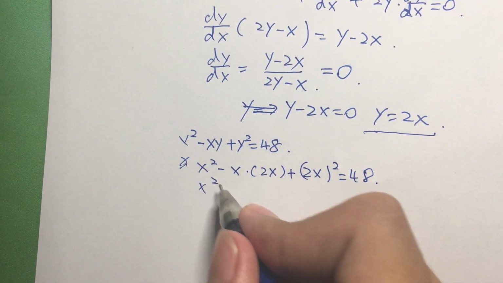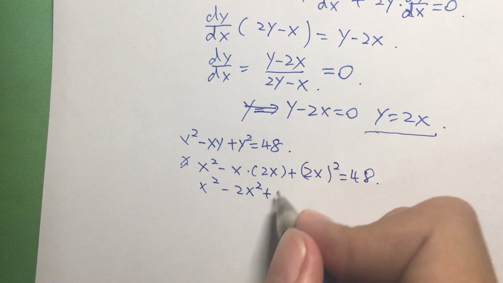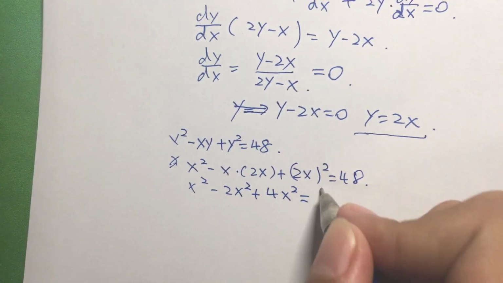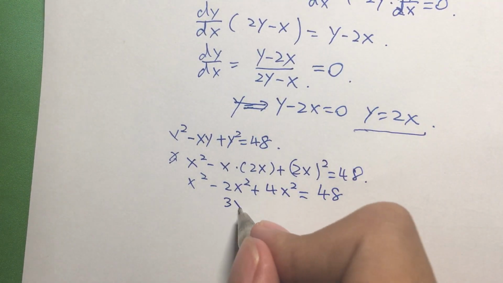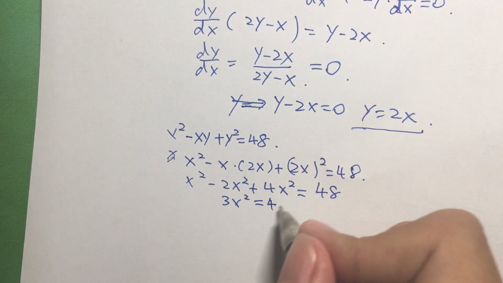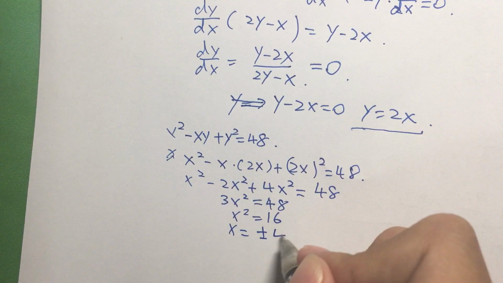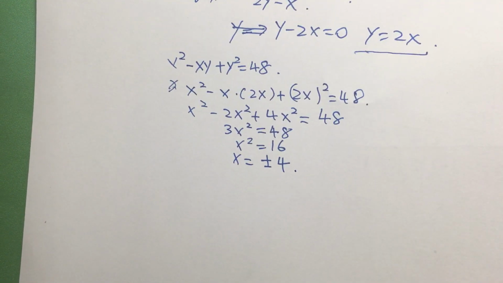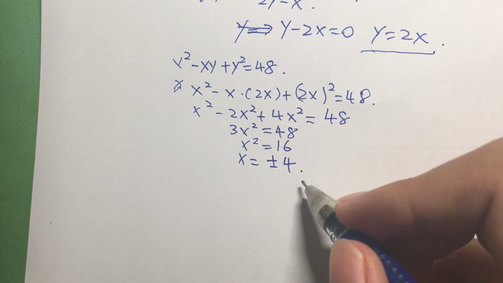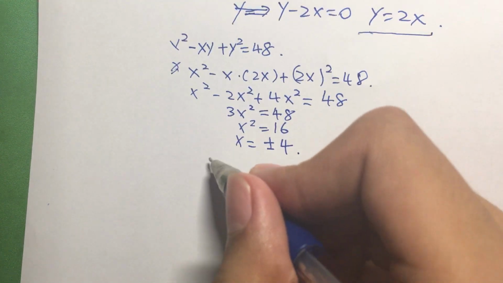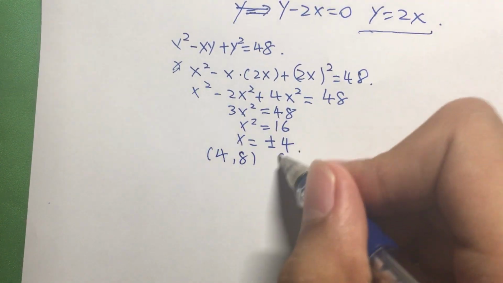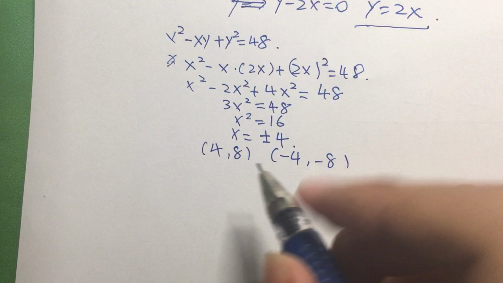And we have x squared minus 2x squared plus 4x squared equals 48. And we have 3x squared equals 48, x squared equals 16, x equals positive negative 4. And this is our two stationary points, which are 4, 8, and negative 4, negative 8.